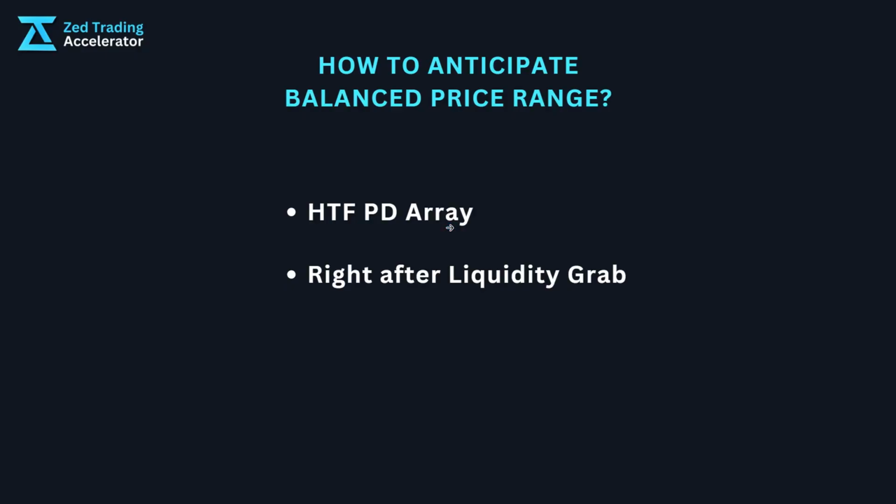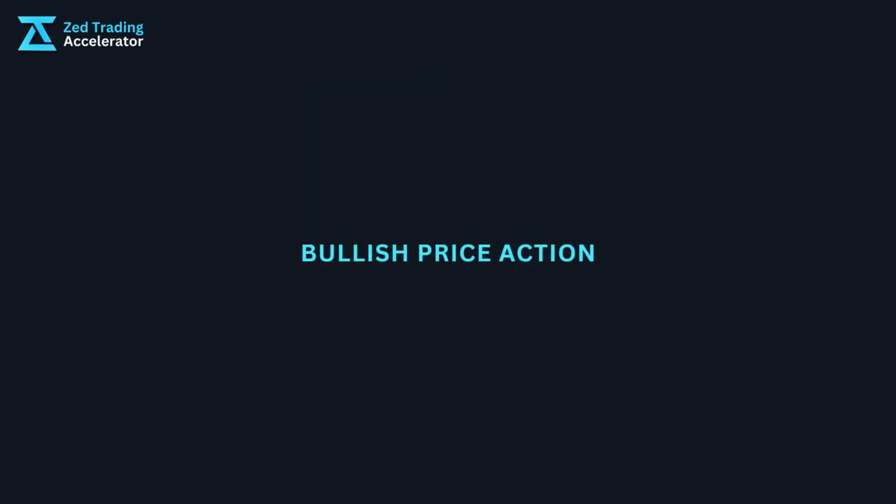What is it again? It's a POI, point of interest: the fair value gaps, order blocks, breaker blocks, mitigation blocks, right? And another one is right after a liquidity grab, right? We can see a balanced price range right on the higher time frame PD array and right after a liquidity grab. So these are some examples.